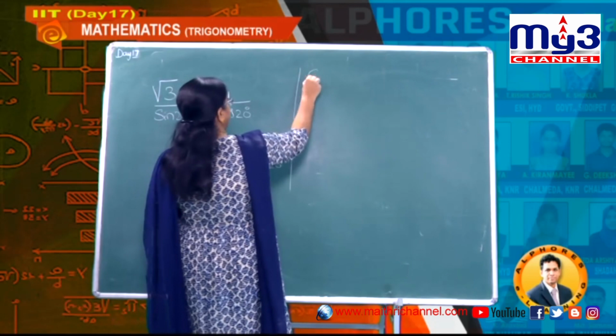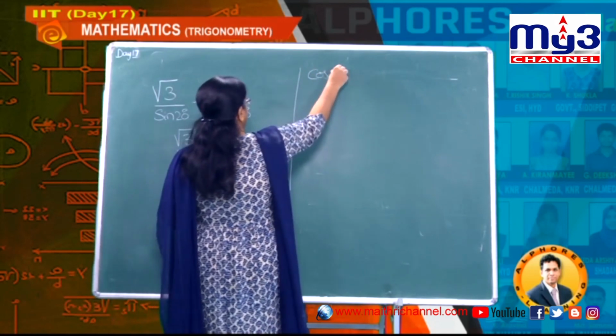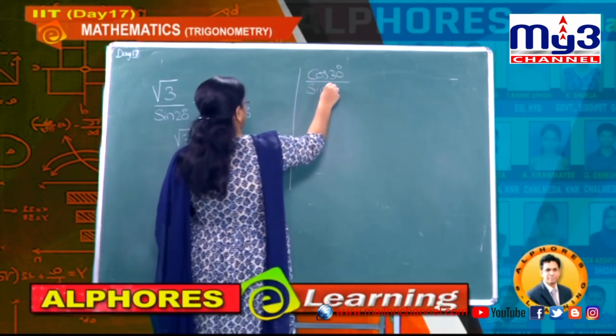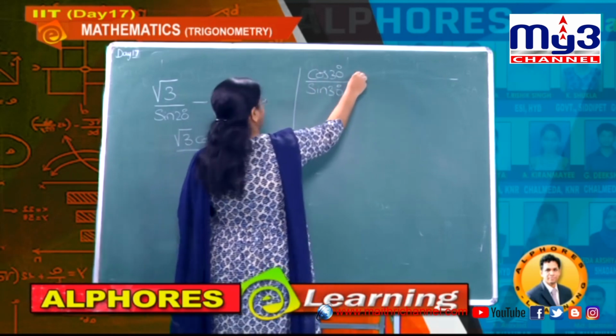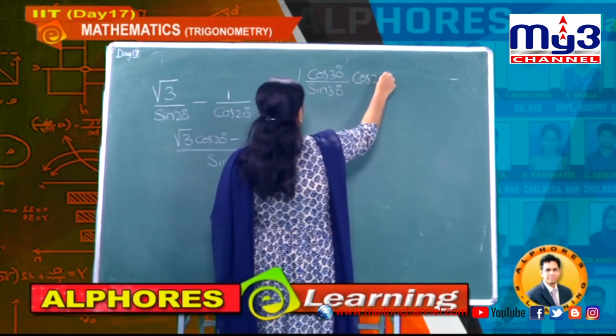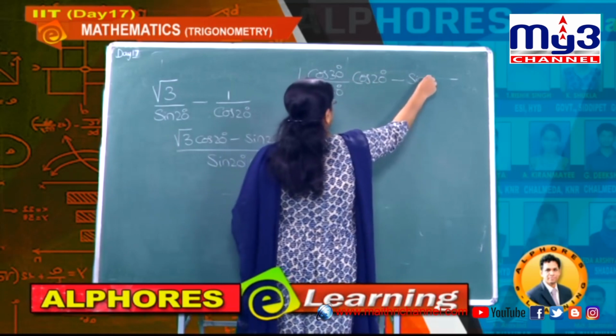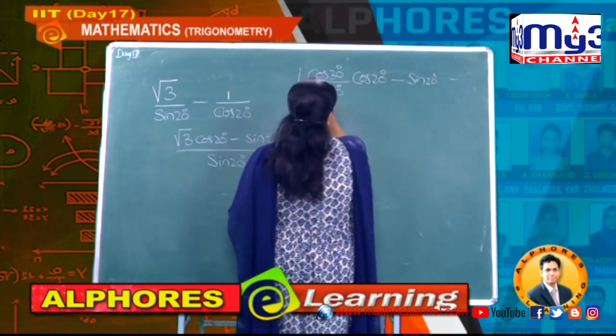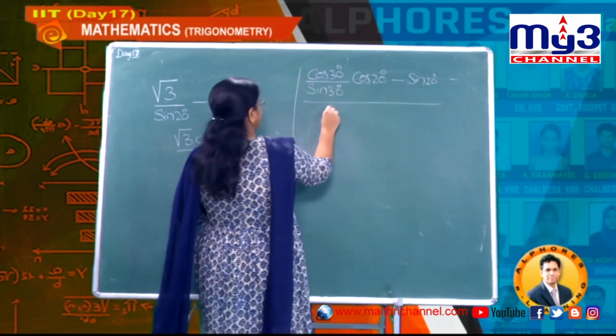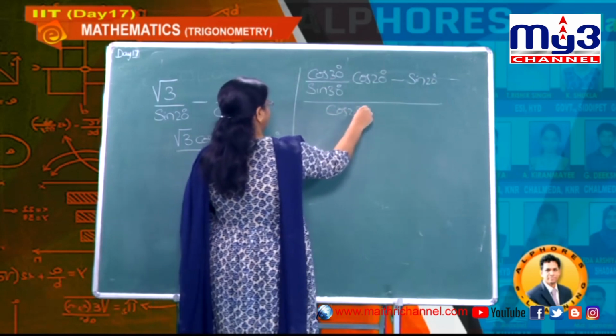Now it is cos 30 divided by how much, students? Sin 30, and this value is nothing but cos 20 minus sin 20 degrees, whole divided by what is the value here? Cos 20 sin 20. Understand?